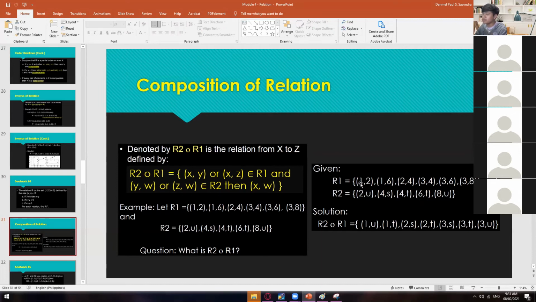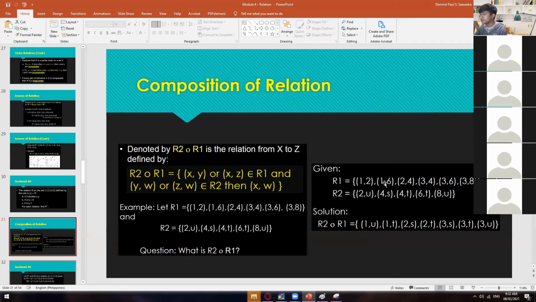From here, as you can see, we have 1, 2, and then 2U. This one is actually quite similar to implication, hypothetical syllogism, or the transitive property. So if we have 1, 2, and then 2U, you should have 1U. But instead of that, it is now in the form of R2 ∘ R1. So you will come up with another relation, your composition of relation R2 over R1. If you have 1, 2, and 2U, you have 1U.